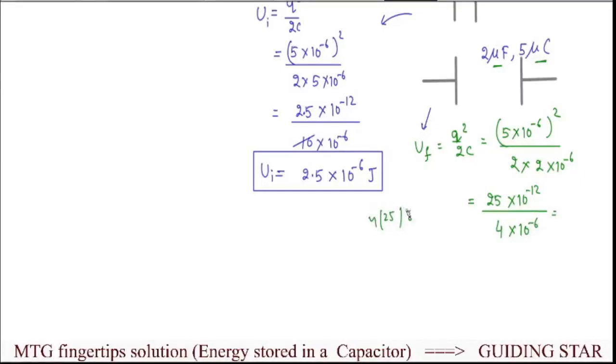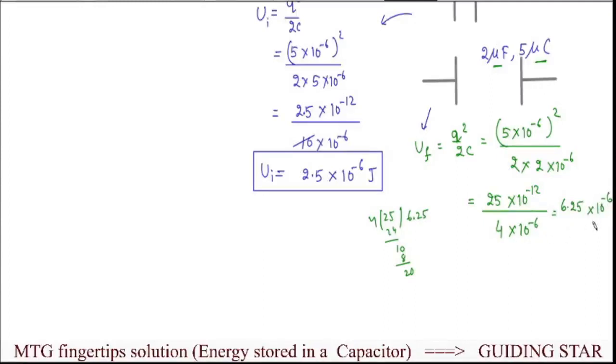4 sixes are 24, 1 remaining, so put the decimal here. 4 twos are 8, and we get 6.25. With 10 to the minus 6.